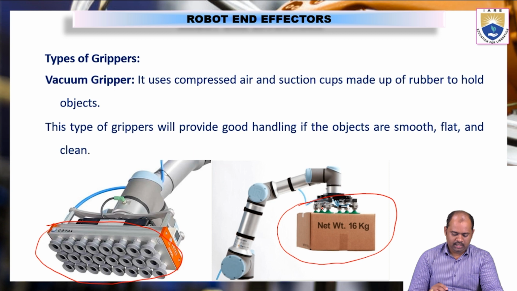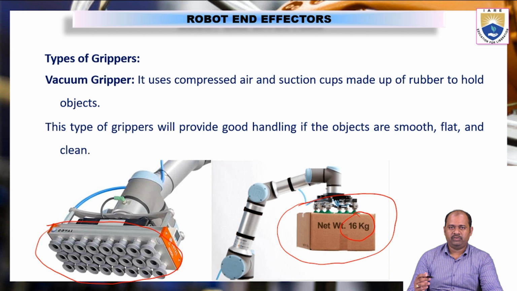See here, these suction cups will suck the air when they are pressed against the object which is to be lifted. In this example, it can lift a net weight of about 16 kilograms, which is very large when compared to the remaining grippers.